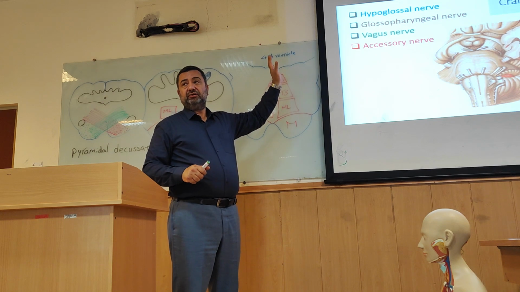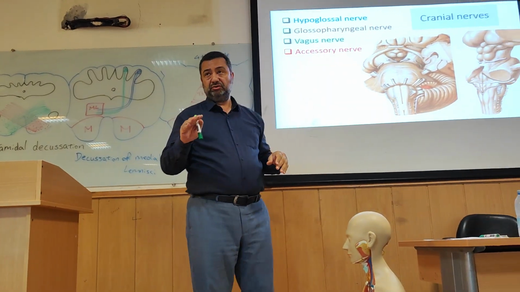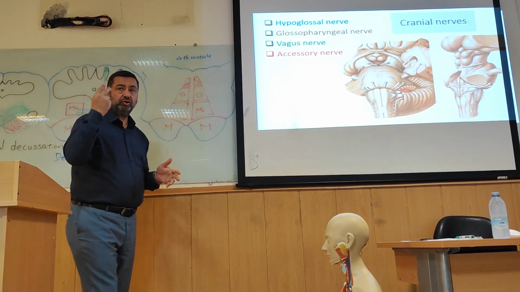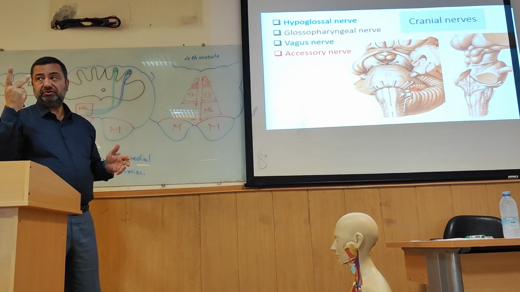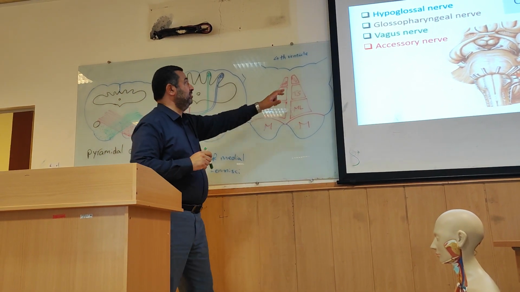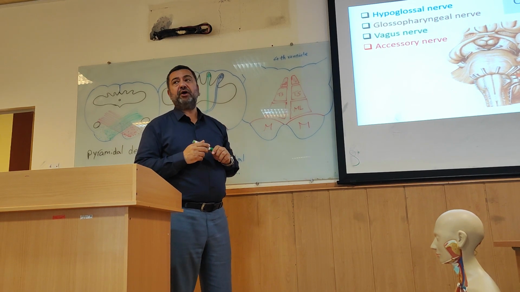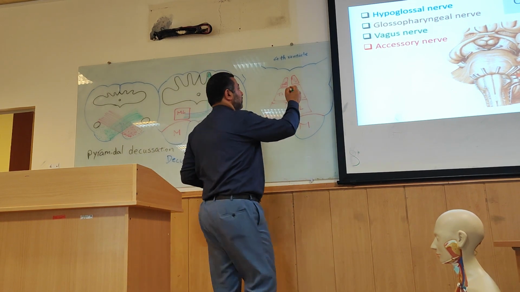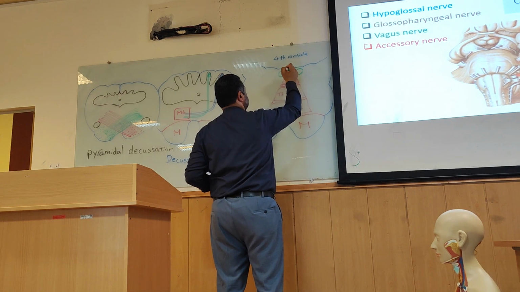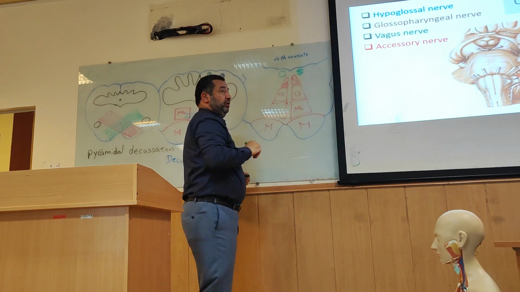I told you in the inferior part of the floor of the fourth ventricle, there are 2 triangles. Hypoglossal triangle and vagal triangle. Under hypoglossal triangle, there is hypoglossal nucleus, the nucleus for cranial nerve number 12.